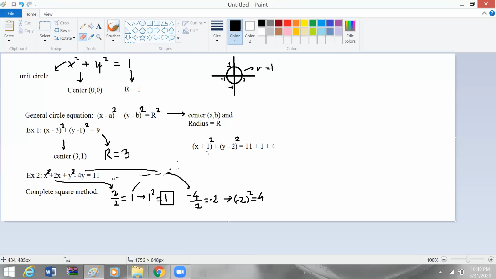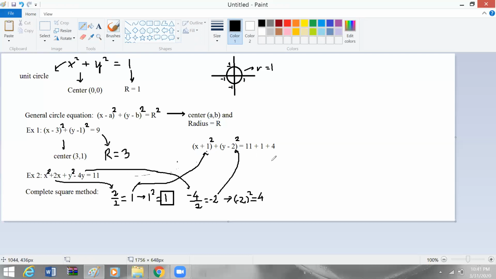So let me just redraw the picture and see how we're going to proceed. This goes there, and that part also goes to -2.